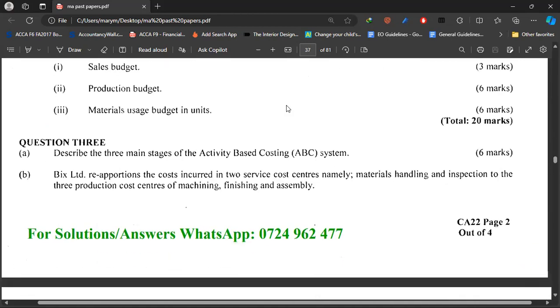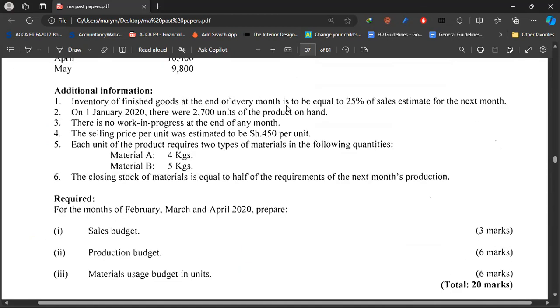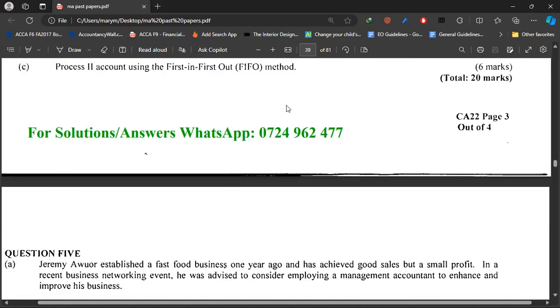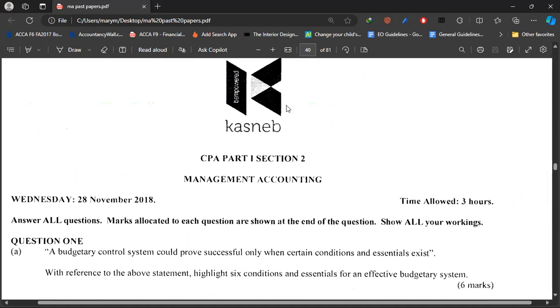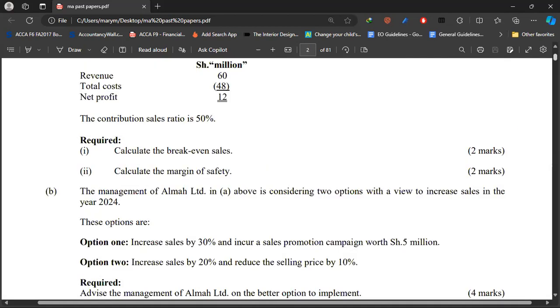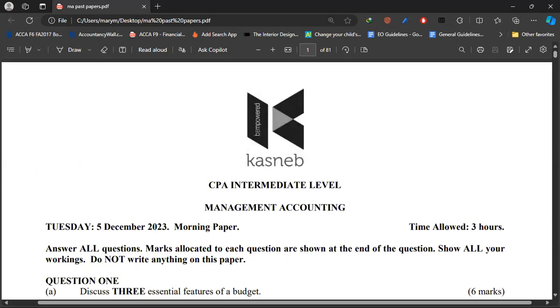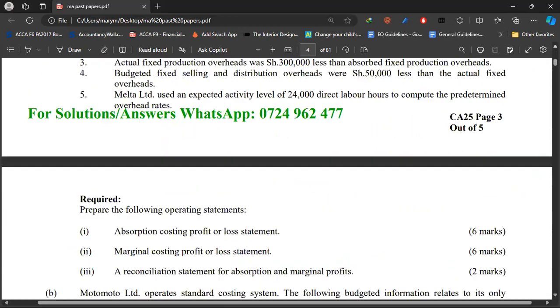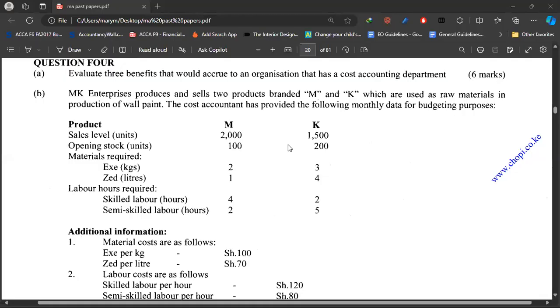So we are doing September 2021, question number 4B.